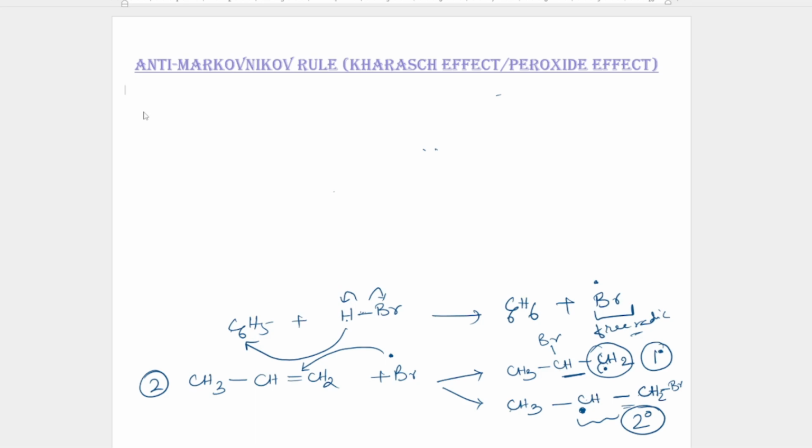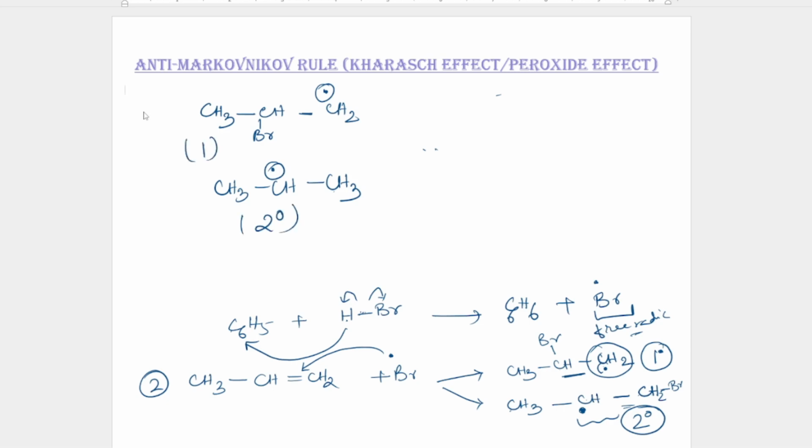So here we formed two free radicals: CH3, CHBr, CH2 free radical and CH3, CH free radical, CH2Br. This is the secondary free radical, this is the primary free radical.